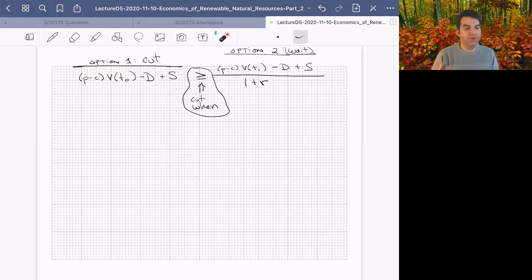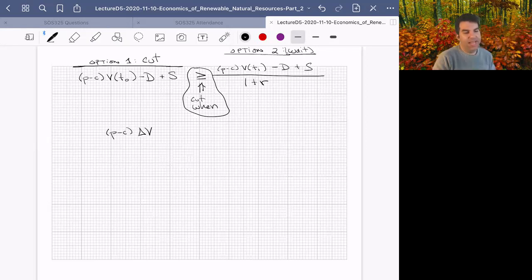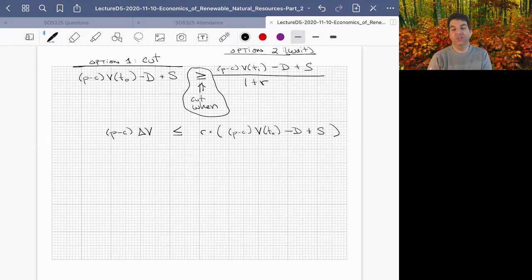And so if I do a little bit of rearranging, and I go through the math in the notes if you'd like to see that, but I'm just going to jump ahead a few steps, this condition is equivalent to saying that P minus C times delta V is, I'm going to cut when that thing falls to the level where R is multiplied by the quantity P minus C times V of the current volume, minus D plus S. And so I want to cut when the rate of change falls below this.